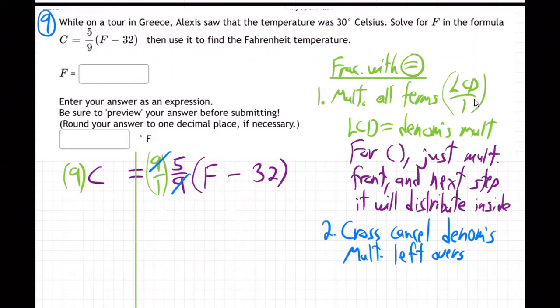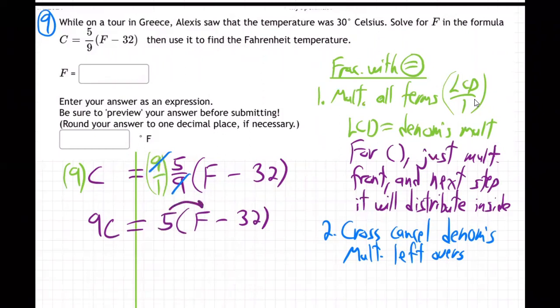That leaves us with 9C equals 5 (F minus 32), because these 9s are gone. This is 5 over 1, which is just 5. Now I think you know what to do from here.